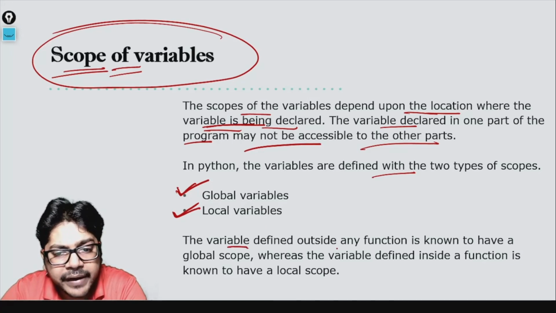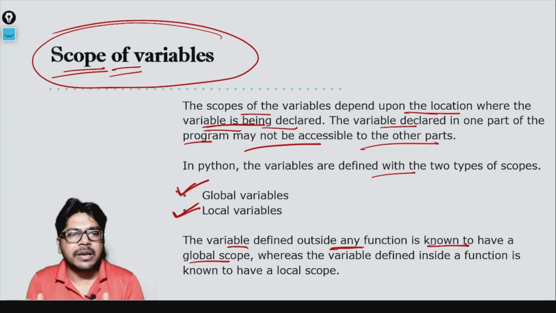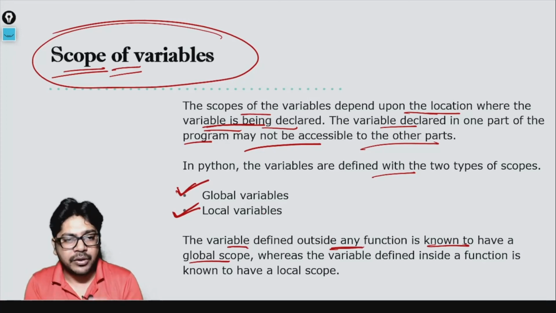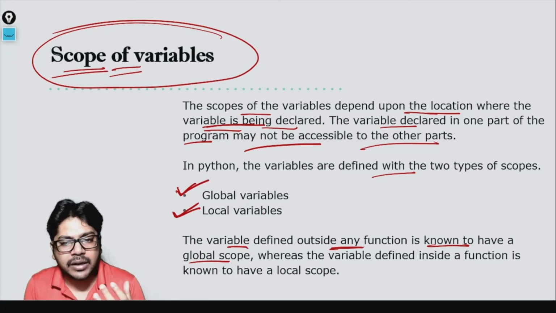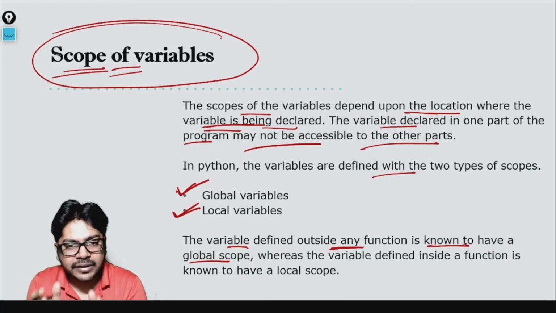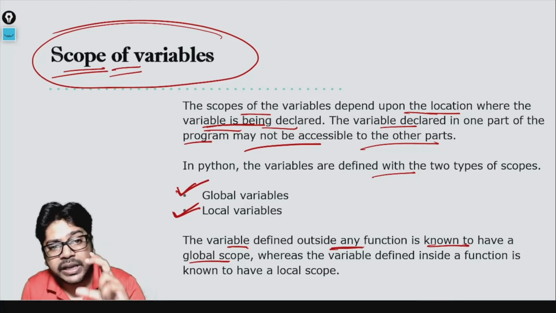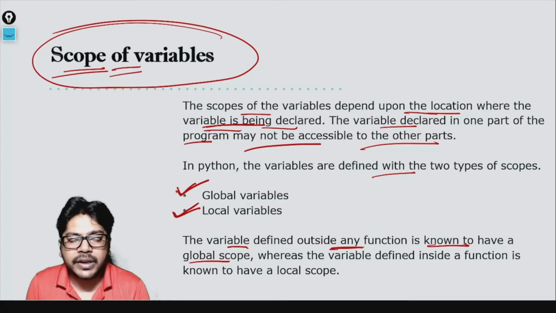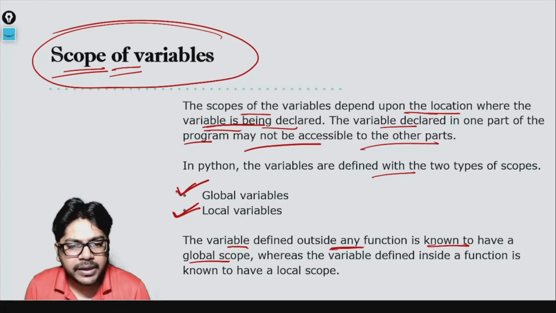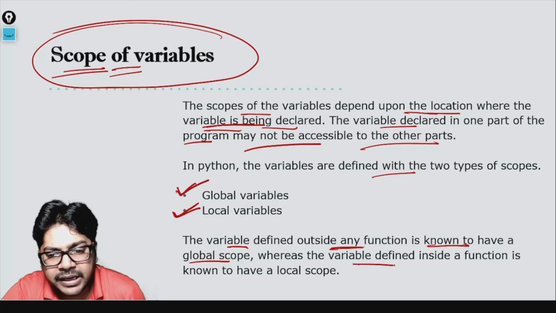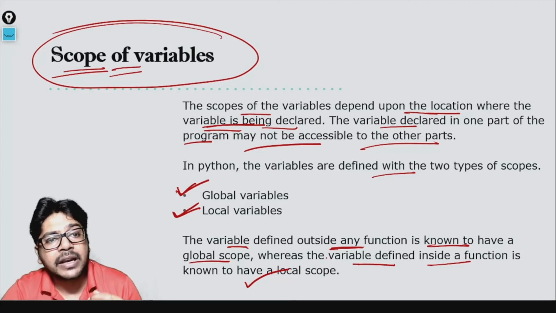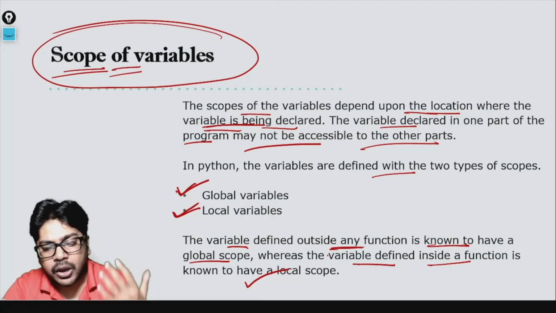A variable defined outside any function is known to have a global scope, because inside a function it is a block, so it is valid only in that block. But if you declare it outside, it means throughout the program it is available and can be used, okay? Whereas a variable defined inside a function is known to have a local scope, and a variable declared outside a function is known to have a global scope.